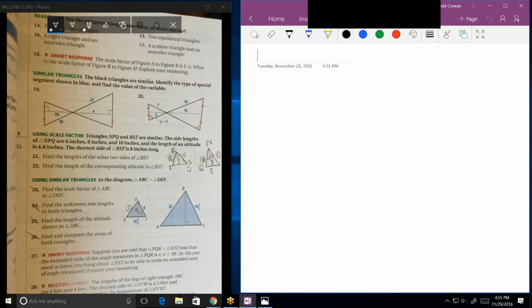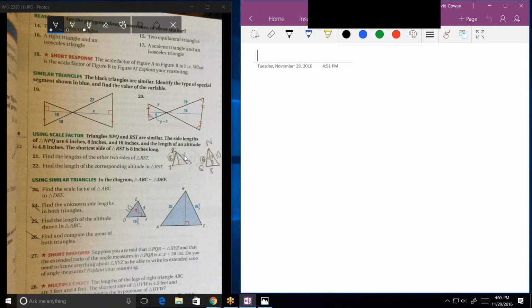But it doesn't matter. They've told us that these two triangles are similar, that this one's shortest side is 6 and this one's shortest side is 8, therefore the scale factor is 4 to 3. So if this side over here is 10, what is this side?